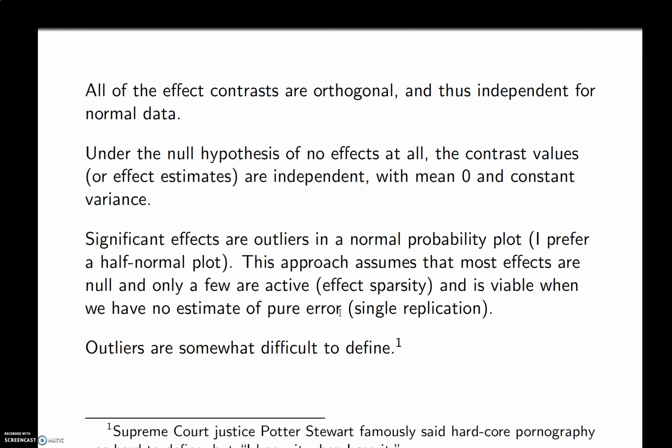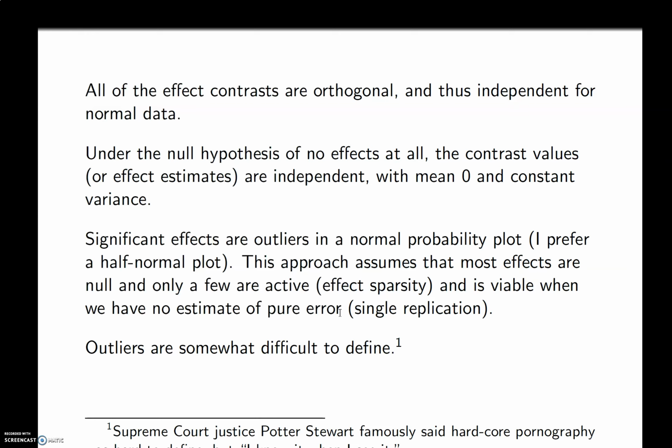They have a mean of 0 and a constant variance. So we can really easily describe, under all assumptions of our ANOVA model being met, this sampling distribution under the assumption of the null. Then we can say that all significant effects of any order, because these all follow that same sampling distribution, are going to be outliers in a normal probability plot.